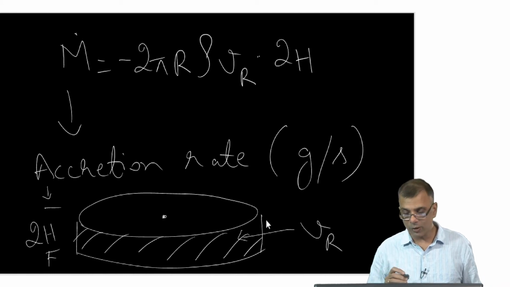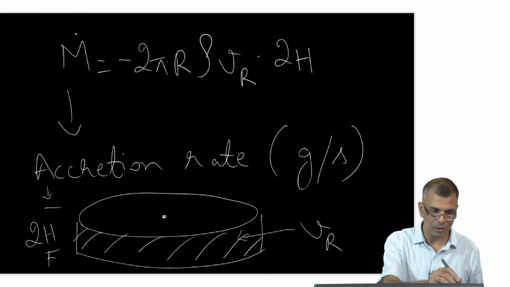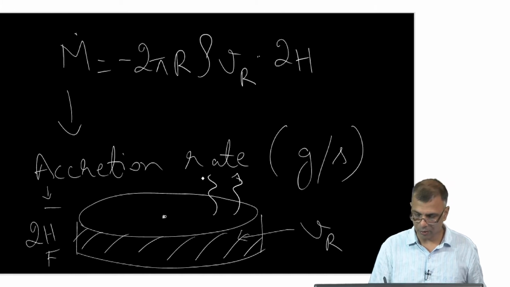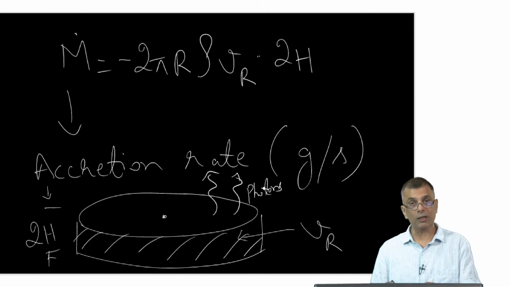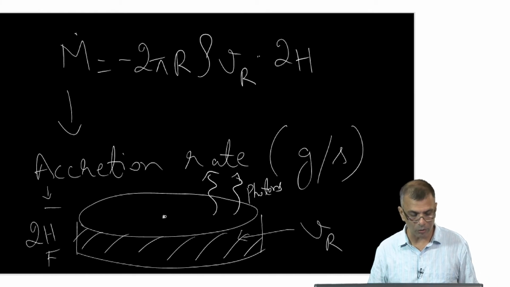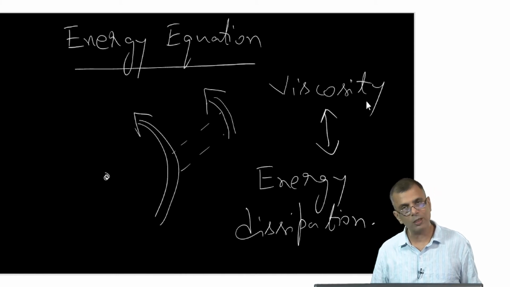What we observe are photons, and photons most likely from the accretion disk. Why are there photons? Because the accretion disk is heated up. Who's heating it? In other words, who's dissipating the energy? The energy is being dissipated due to viscosity. Hence, the importance of the energy equation.